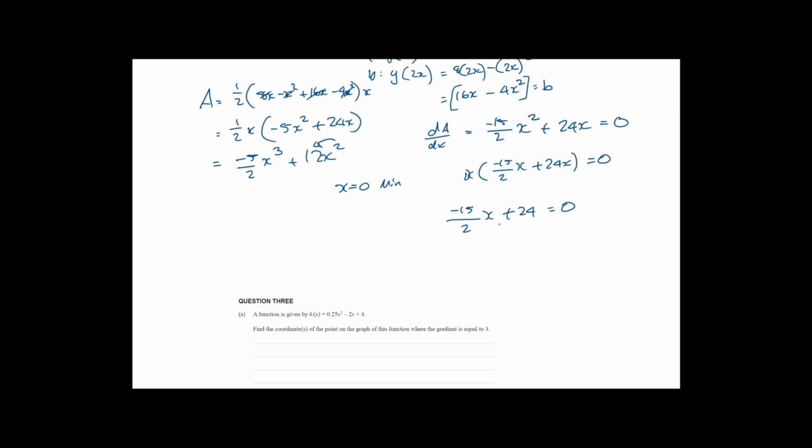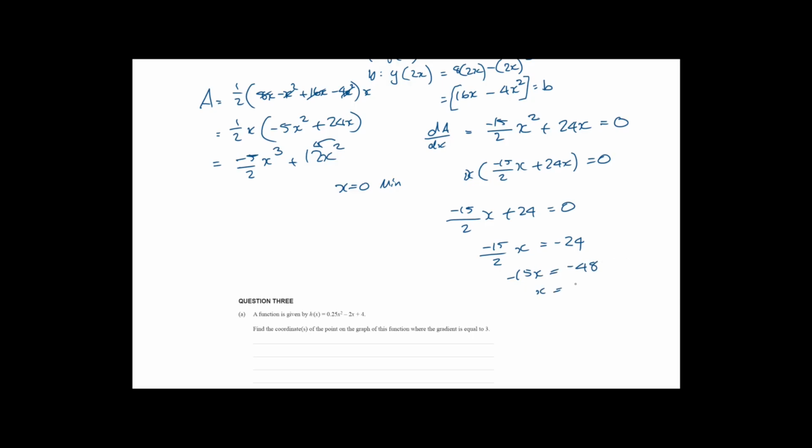So I was right. I'm going to take 24 away from both sides, so minus 15 over 2 x equals minus 24. Cross multiplying, minus 15x equals minus 48.